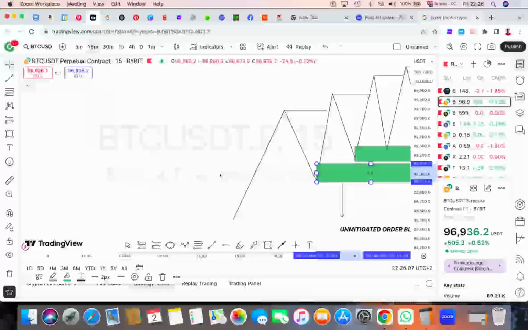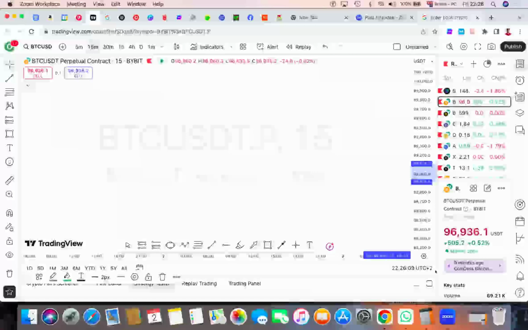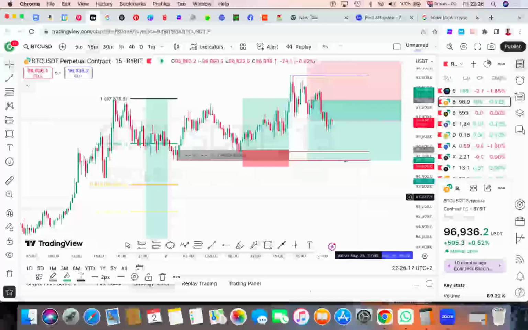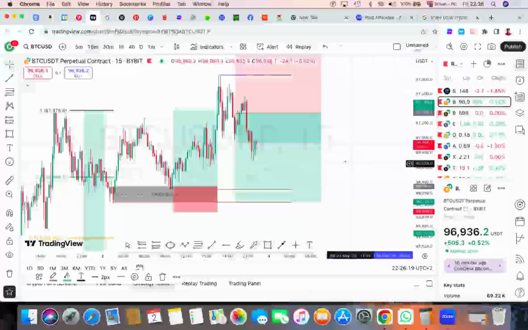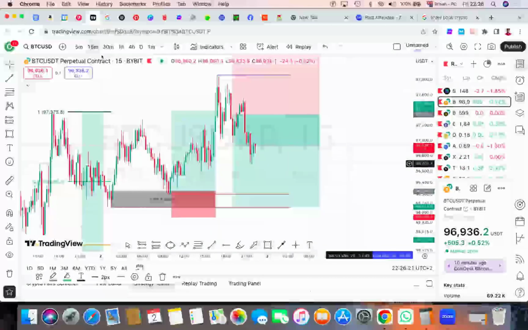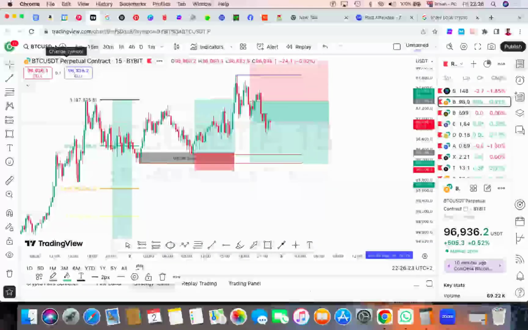If you can, please just indicate that you can. So let me choose a pair that I'm not currently trading, so I can show you the order block.